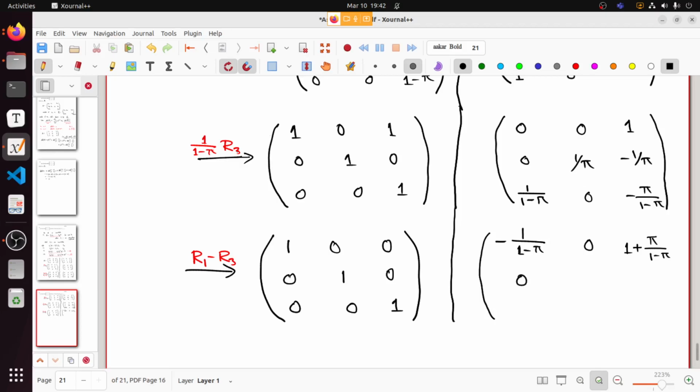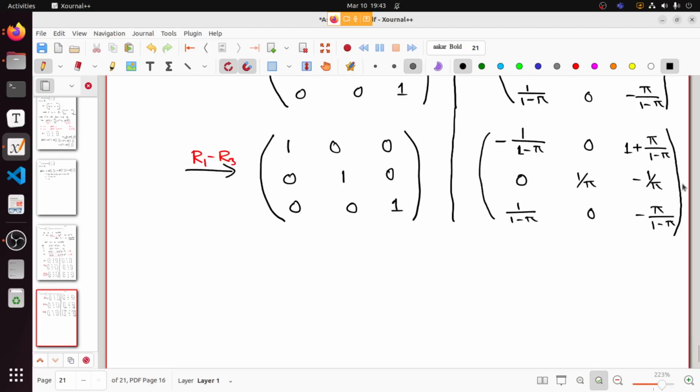Nothing changes in the second row: 0, 1 by pi, minus 1 by pi. Third row: 1 by 1 minus pi, 0, minus pi by 1 minus pi, right? So this side it will become identity. Now this is the identity, so this will be the A inverse, right?